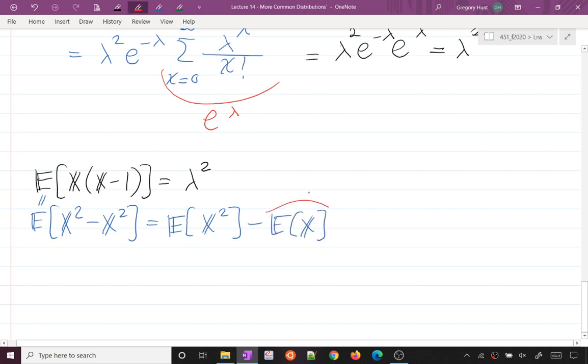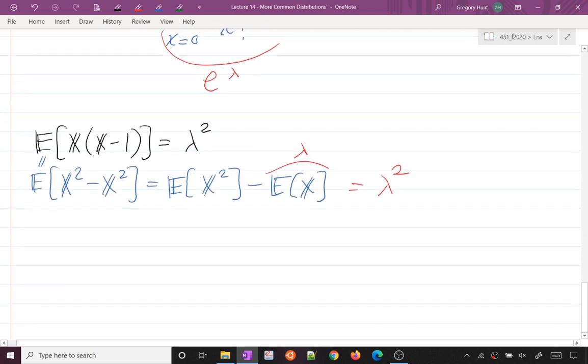And we said E of x is lambda. And all together, we said this whole thing was lambda squared. So some algebra says that the expected value of x squared better be lambda squared plus lambda. Seems right.